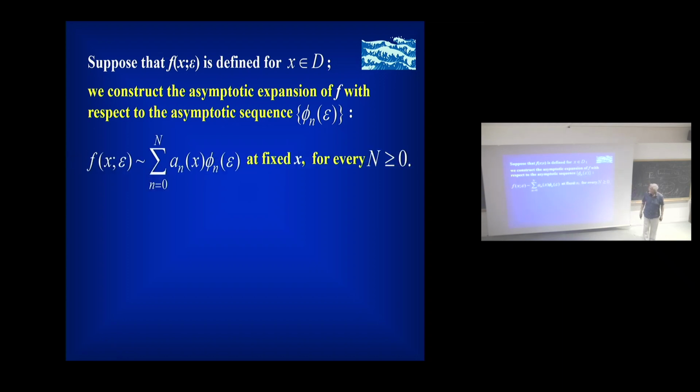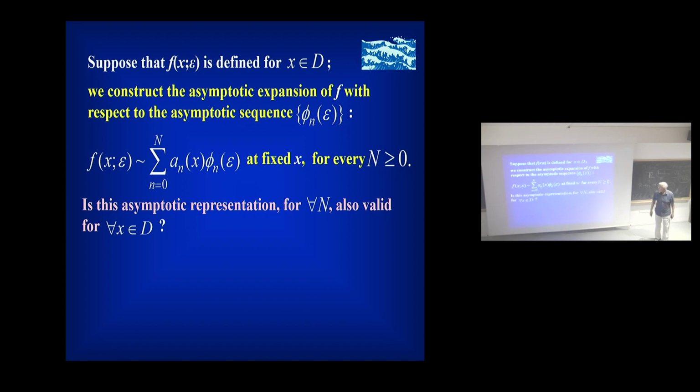We then construct the asymptotic expansion on that basis for any general x within the domain. The construction is algebraic, using the expansion based on epsilon via the asymptotic sequence with coefficients which depend upon x. In principle, it has to be for every n greater than or equal to 0.